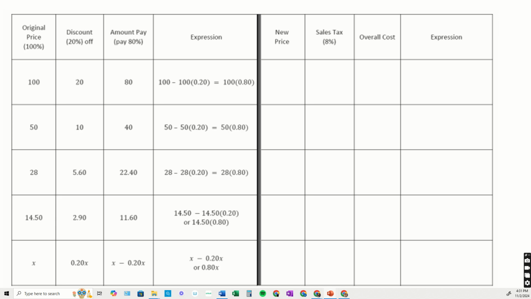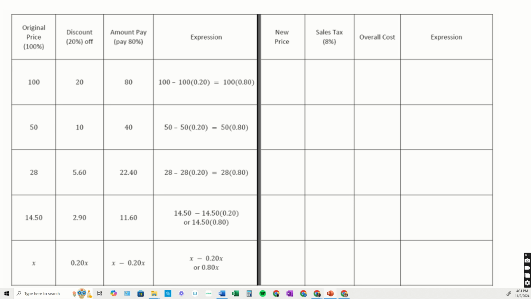And last one here for our classwork, we're looking at how we change stuff. So this is all the same stuff that we did from our very beginning. We're now looking at the new price. So using the new price, right, we have the expression here.